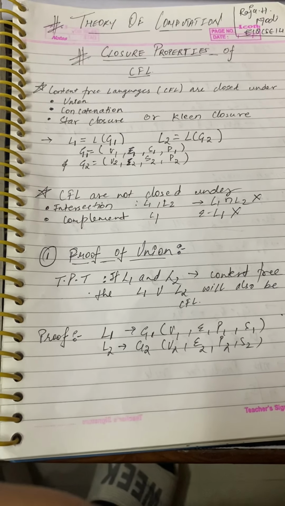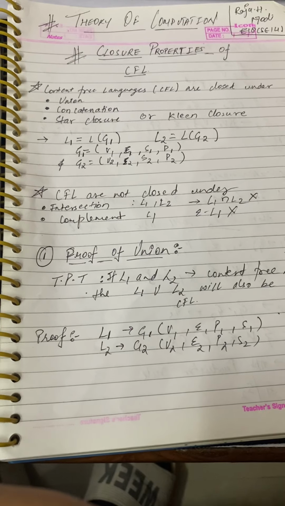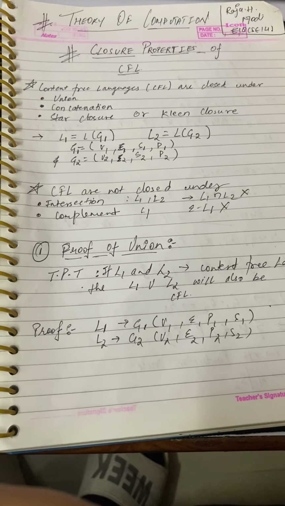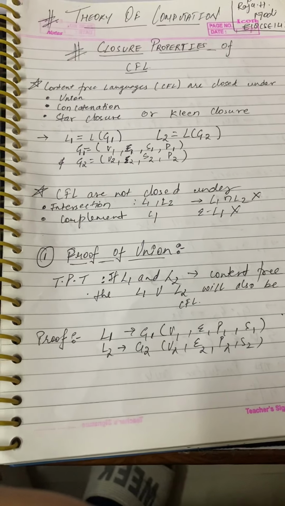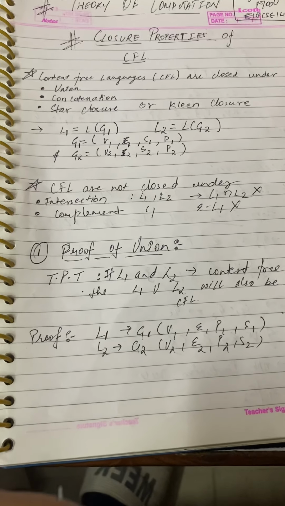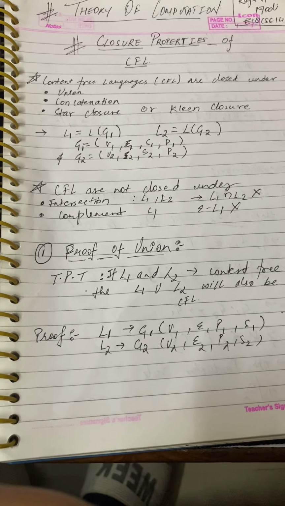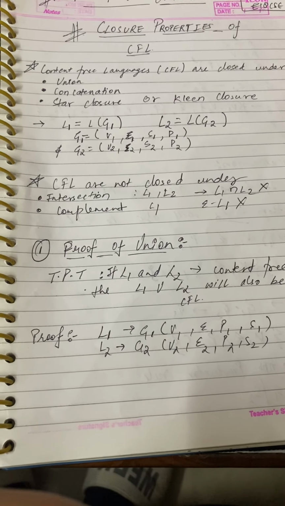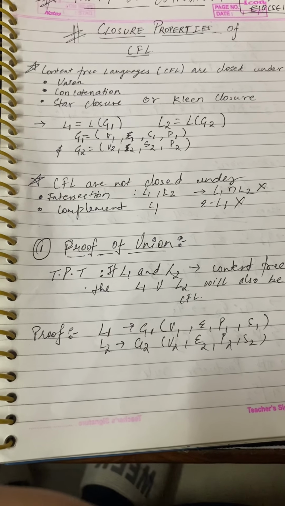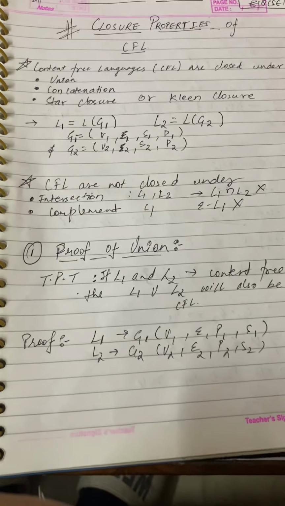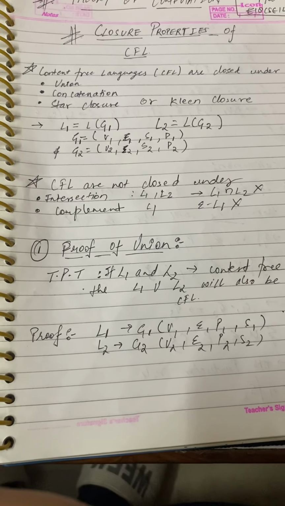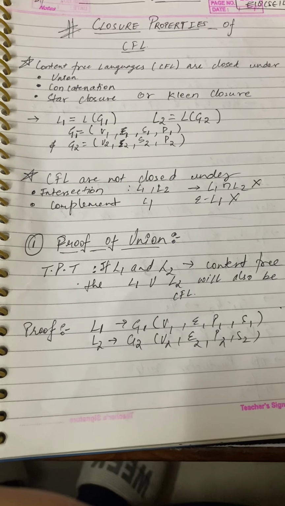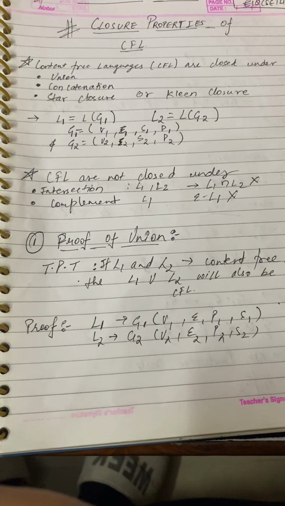So let's start. We consider L1 and L2 as context-free languages. L1 is generated by grammar 1 and L2 is generated by grammar 2. Grammars G1 and G2 are represented by V, T, S and P. V1 will represent the set of non-terminals, sigma 1 will represent the set of terminals, S1 will represent the start symbol of grammar G1, and P1 will represent the production rules for grammar 1.